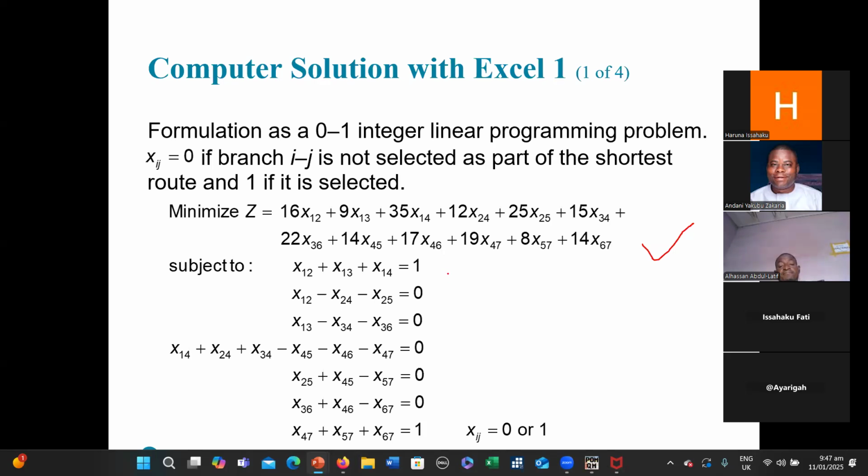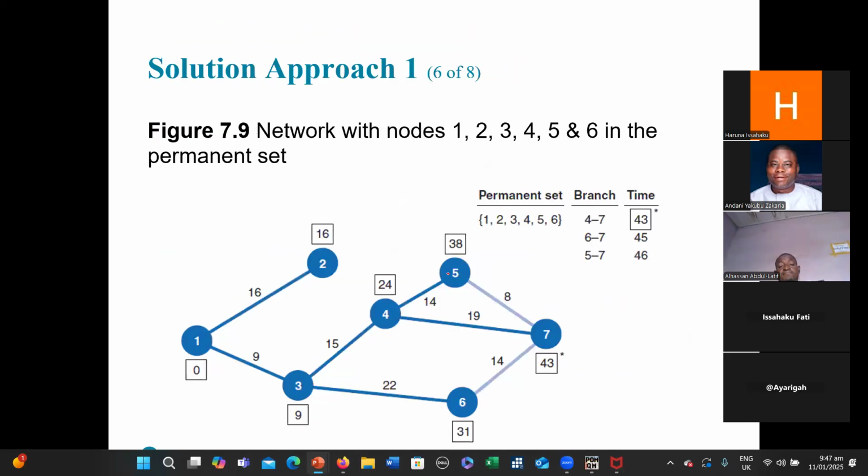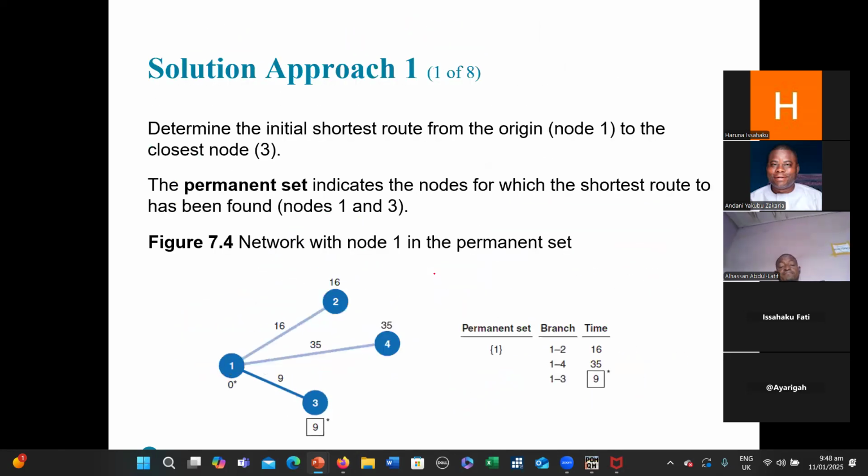So if we go back to the beginning of the problem, you see that we were trying to see the shortest distance from the origin. If we want to formulate it as a 0, 1 integer problem, what it means is that among nodes 2, 4, and 3 that are directly connected to node 1, only one of them can be selected.